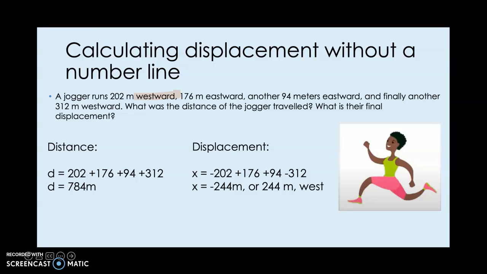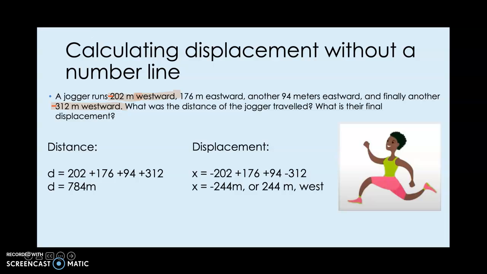so we have 202 meters west here, 176 meters east, another 94 meters east, and finally 312 meters west, what that means is I am going to take those numbers and I'm just going to make them negative. So negative 202, negative 312.